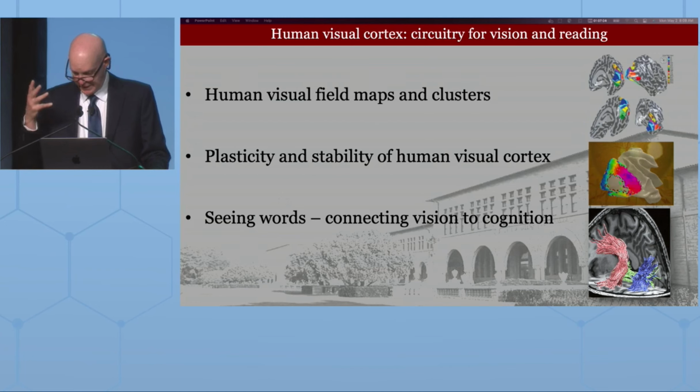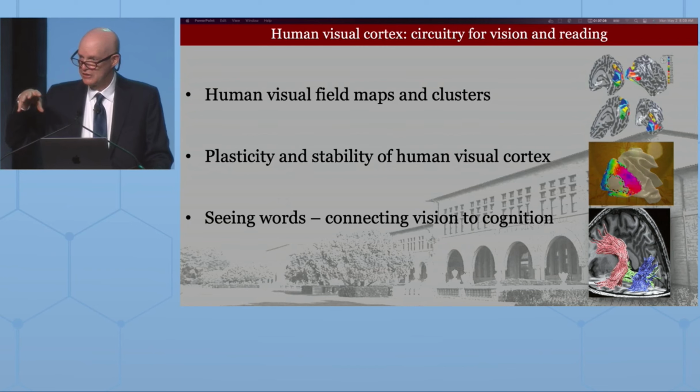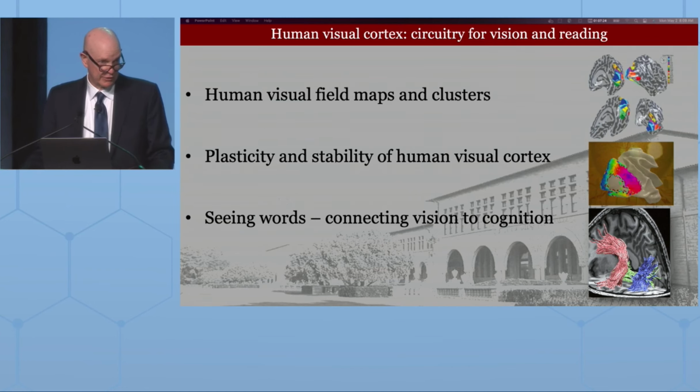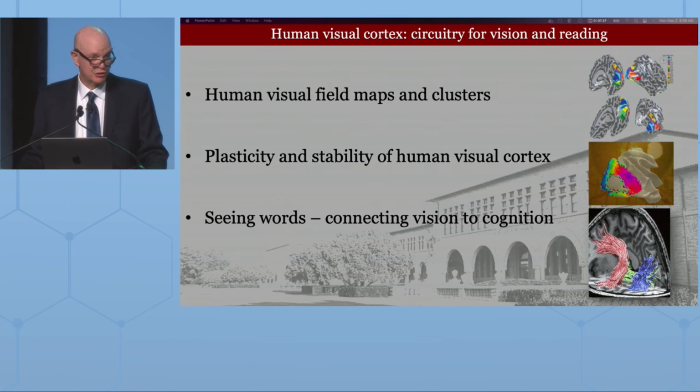That was something that occupied us for quite some time. And the third topic will be how we're using these methods to understand how the visual signals are then passed on to important cognitive and emotional aspects of the human brain in our lives. In particular, the focus will be on reading, and the plasticity involved in how children learn to read.